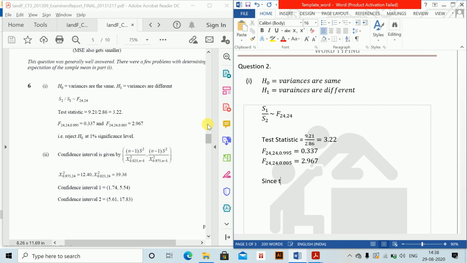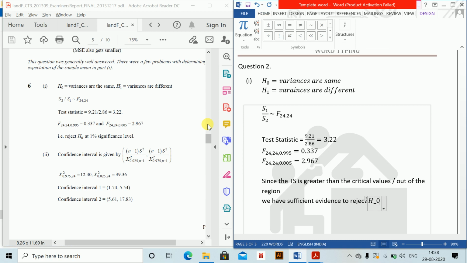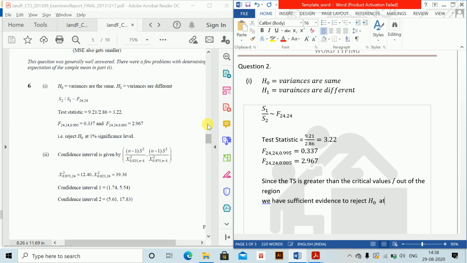Since the test statistic is greater than the critical value, or out of the region, we have sufficient evidence to reject H0. Okay, at 1% level of significance. This is how we have done question 2 part 1.